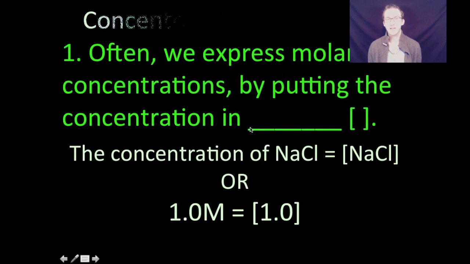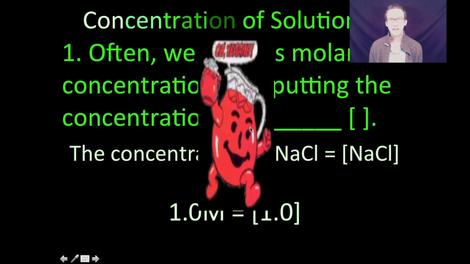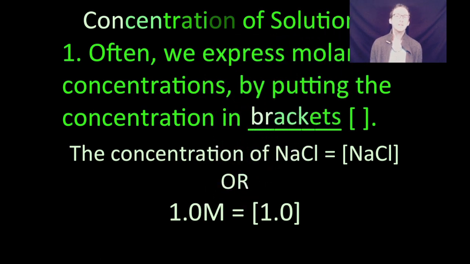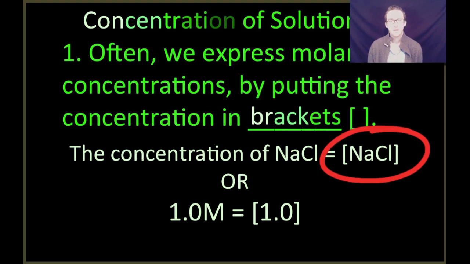Now, before we look at a couple of examples, it's important to recognize that as a shorthand, we're often going to express molar concentrations by putting the concentration in brackets or by putting the formula of the solute in those brackets, just as a shorthand method to help everyone understand that we're talking about concentrations. If you look at your screen there, you're given an example: the concentration of NaCl can be more quickly described as simply putting the formula for NaCl in brackets.